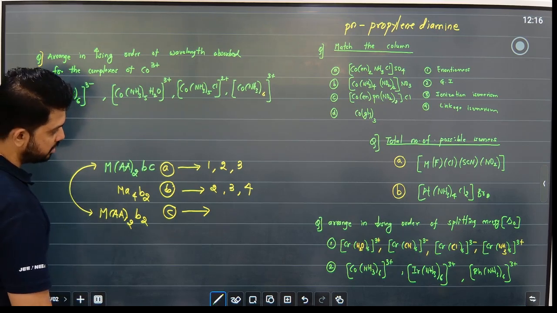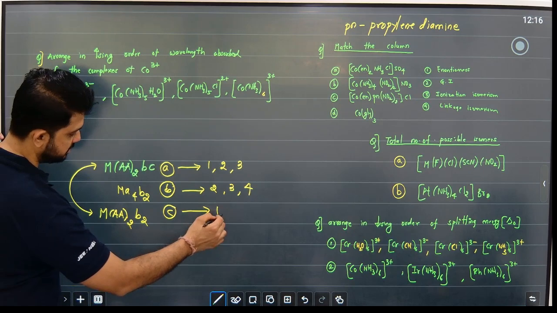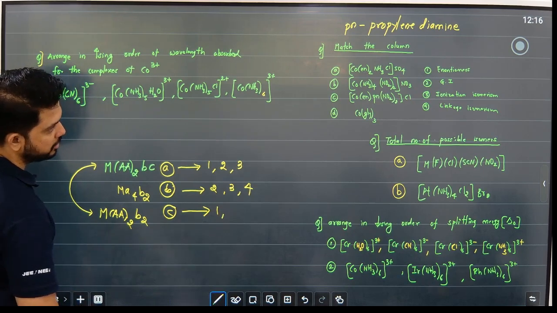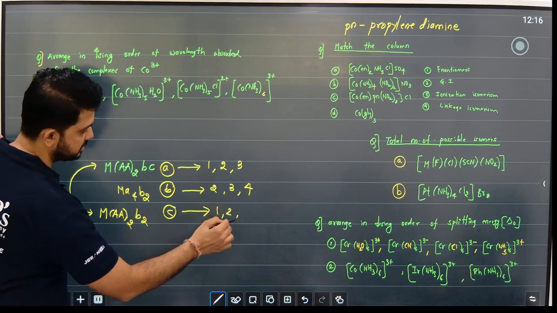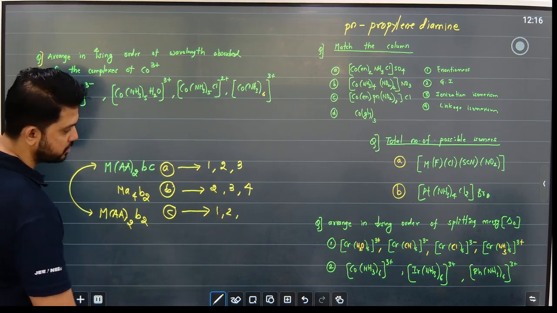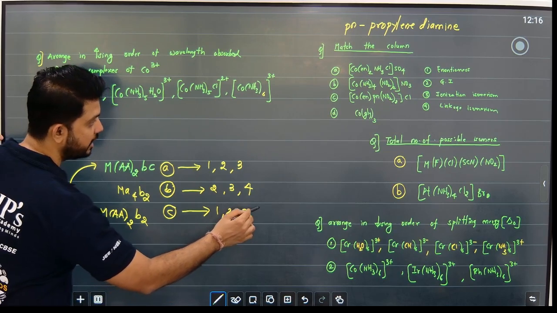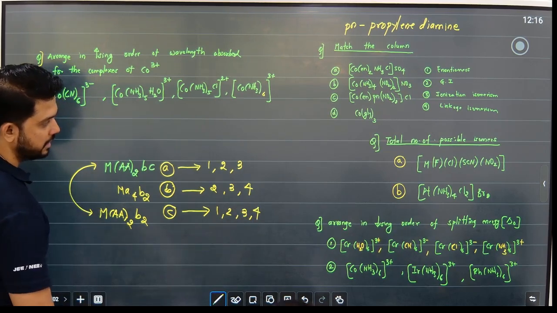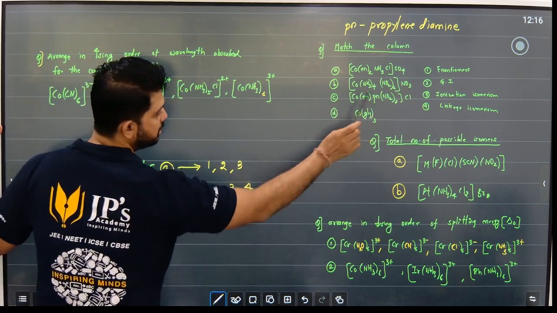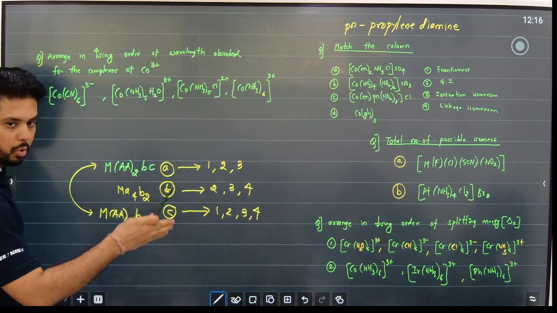Yes or no? So will it show enantiomers? Yes. Will it show GI? Yes. Will it show ionization isomers? Yes. And it also shows linkage because this NO2 can be written as ONO.